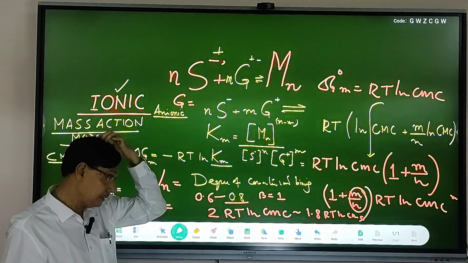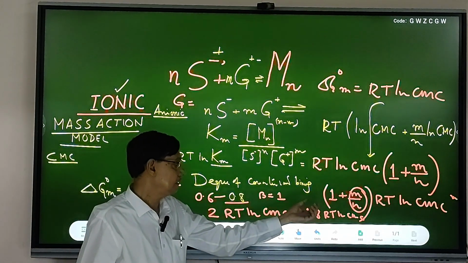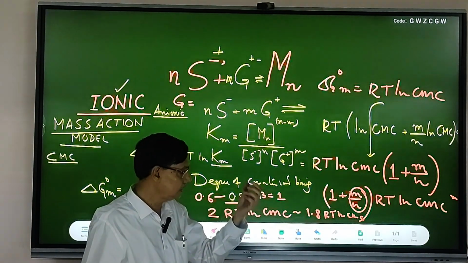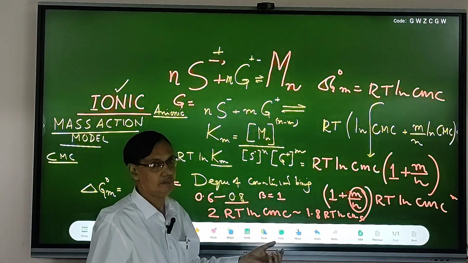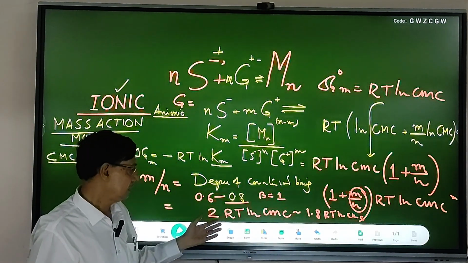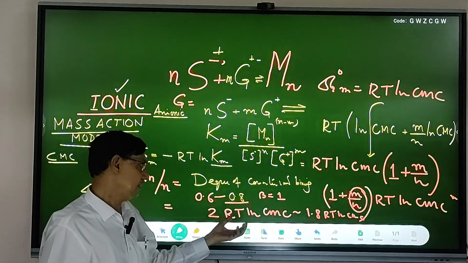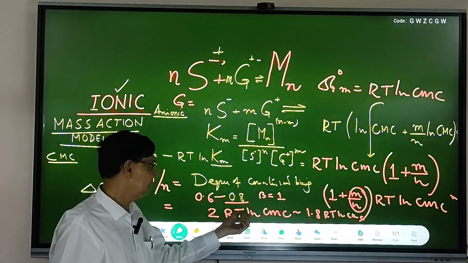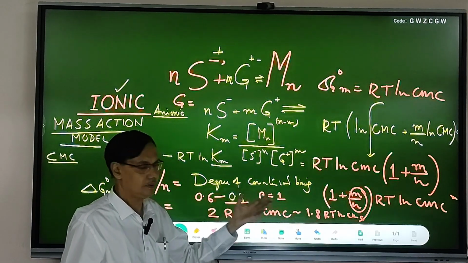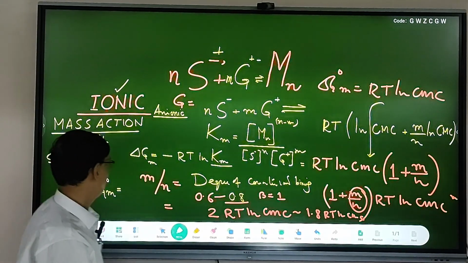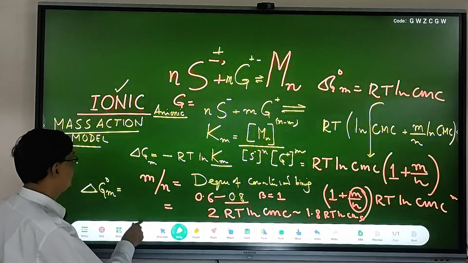So before applying this delta G value, one should determine the degree of counter ion binding. Depending upon the values, but in normal cases you can write 2 RT natural log of CMC, or it is actual.